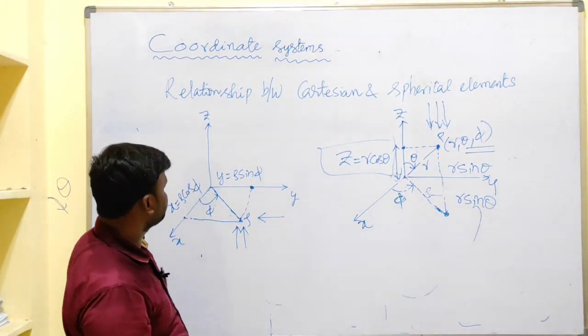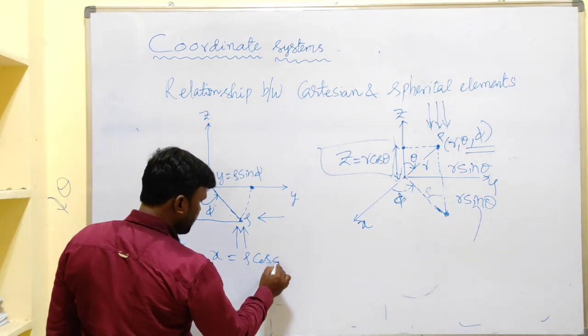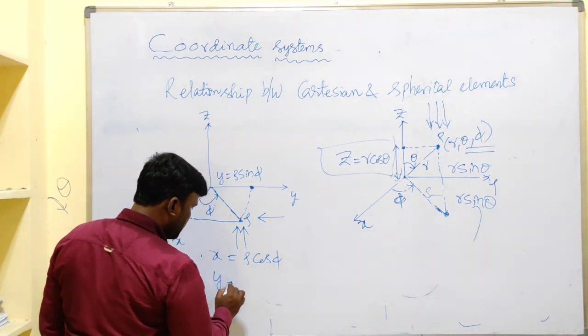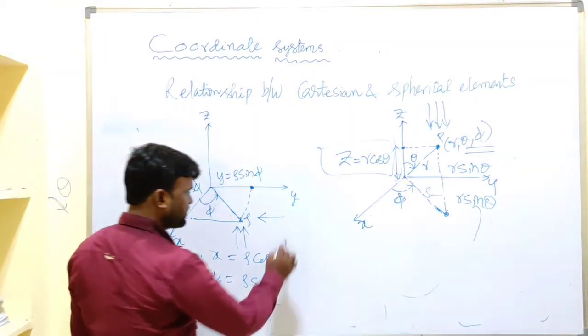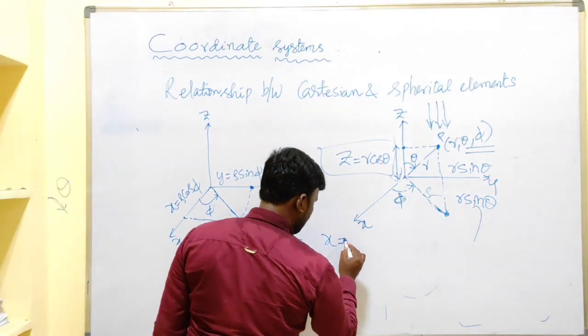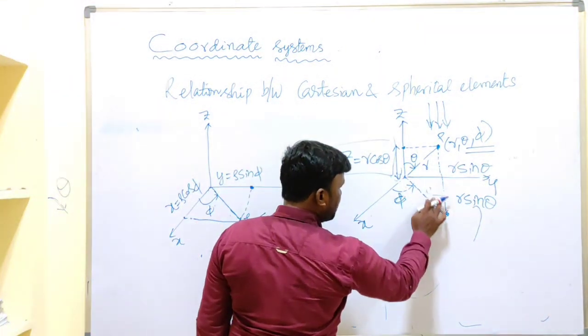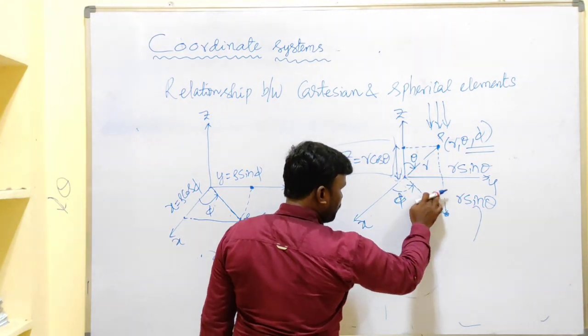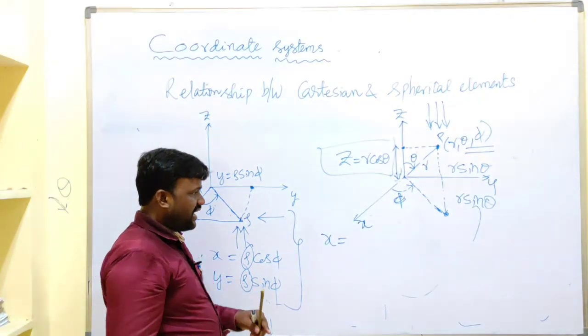See here, x equal to rho cos phi, y equal to rho sin phi, and z is the same as in the cylindrical coordinate system. Now apply this to our case. Initially we considered this as rho, but now we know that rho is equal to r sin theta.